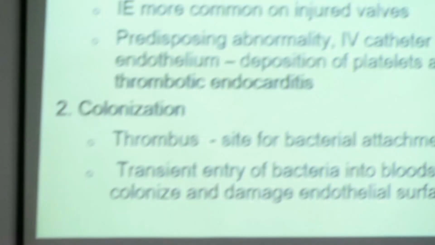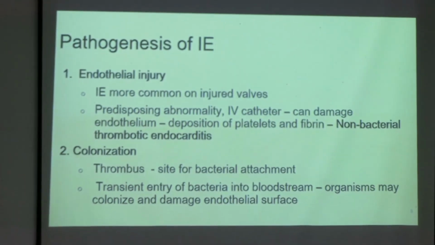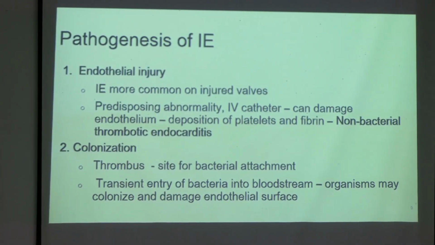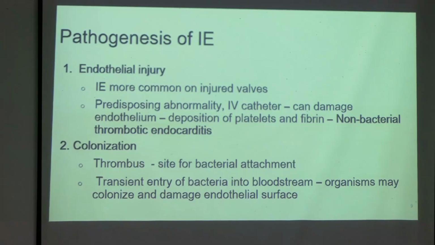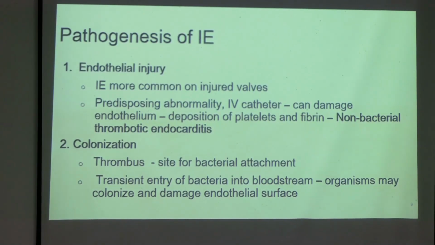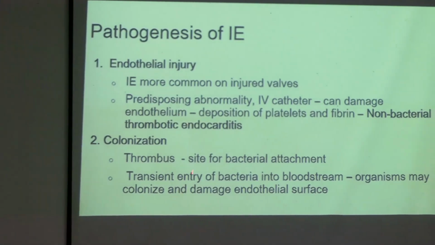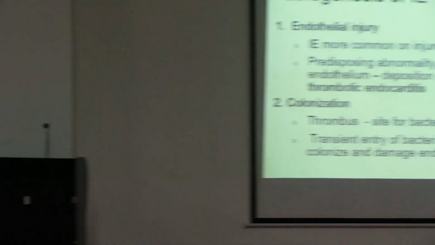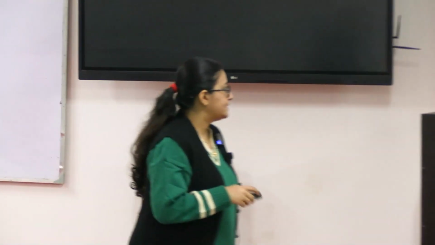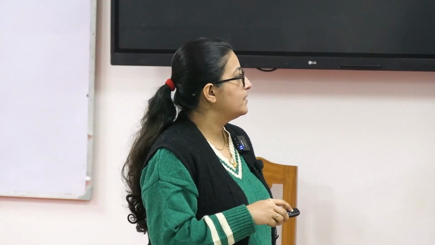So what is the pathogenesis of infective endocarditis? First we have the endothelial injury, mainly by predisposing factors like your risk factors, for example if any IV catheters are there. It will damage the endothelium, and first it will form non-bacterial thrombotic endocarditis, NBTE. You have to note it.